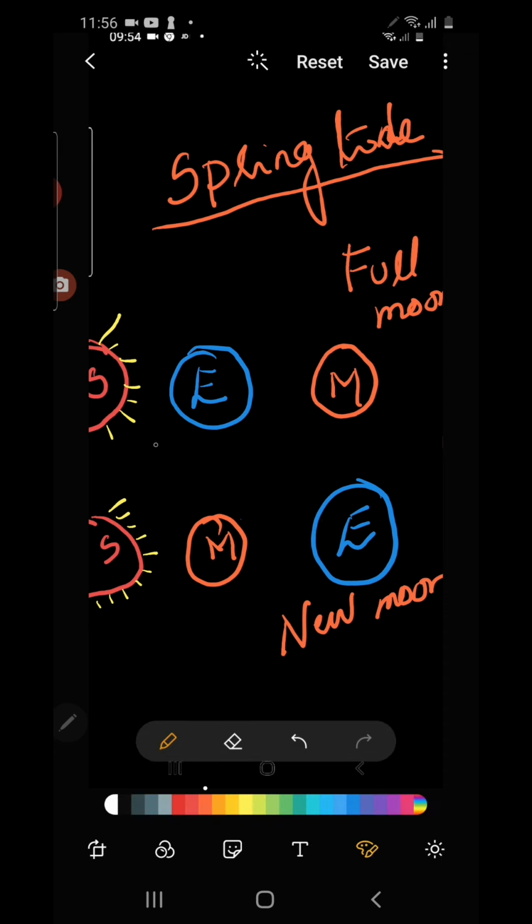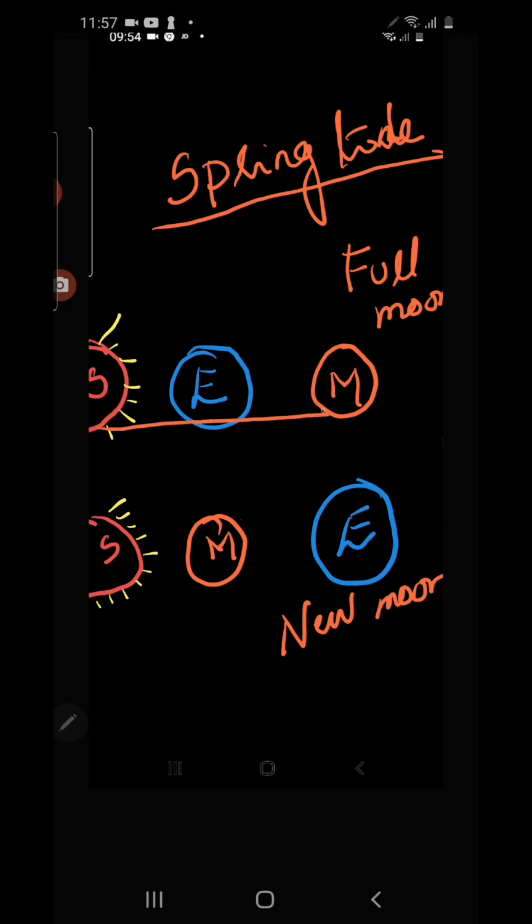Mainly the position of sun, earth and moon in a straight line is responsible for the occurrence of spring tide. How does this straight position of these three heavenly bodies, sun, moon and earth, cause the spring tide? Let us discuss. Now you see, here the sun, earth and moon are in a straight line.